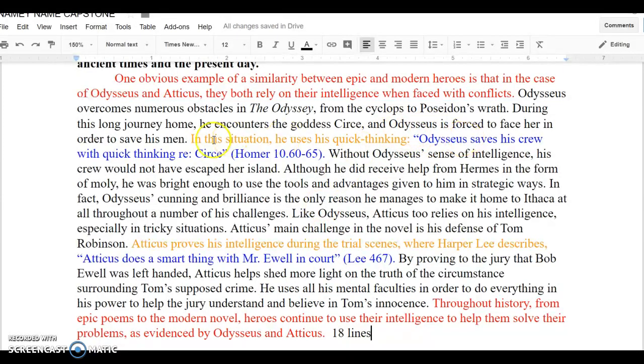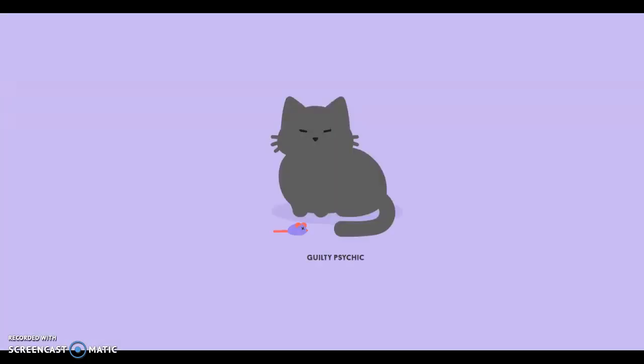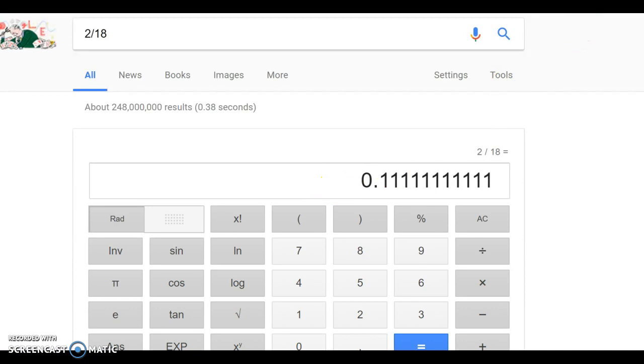So this blue one is about 1 line long. So we've got 1. And then this blue one is about 2 lines long. So 2 lines of quotes. So then if we do 2 divided by 18, it'll tell us how much of the paragraph is made out of quotes. And I go to Google, 2 out of 18 is 11%.